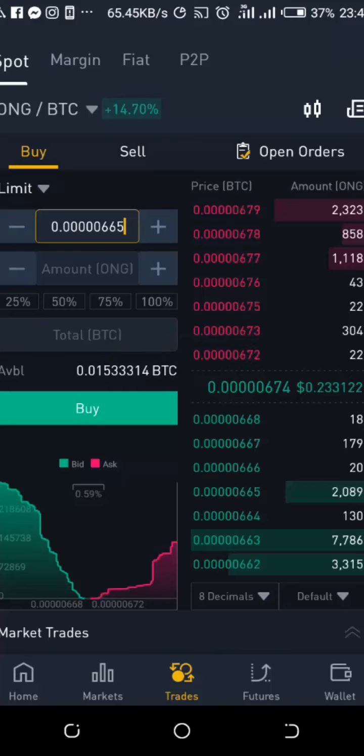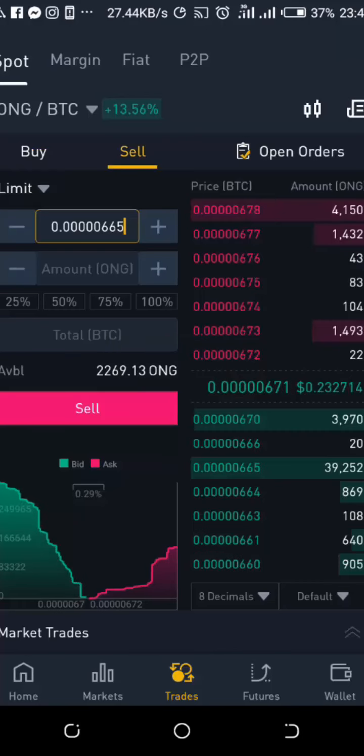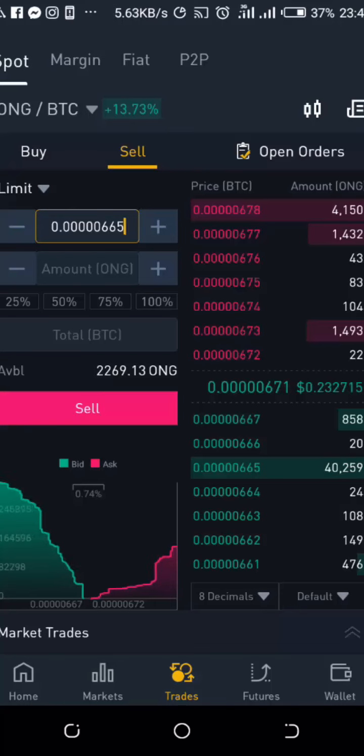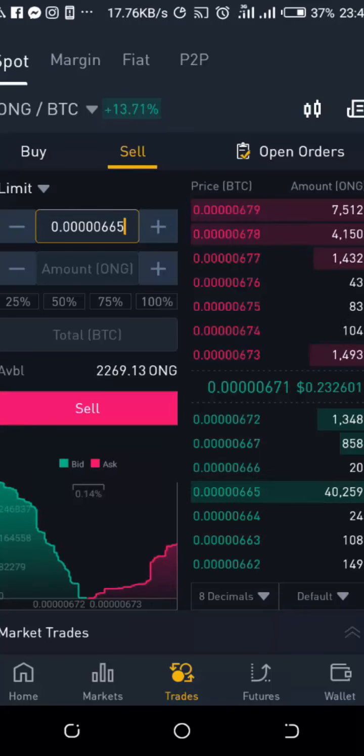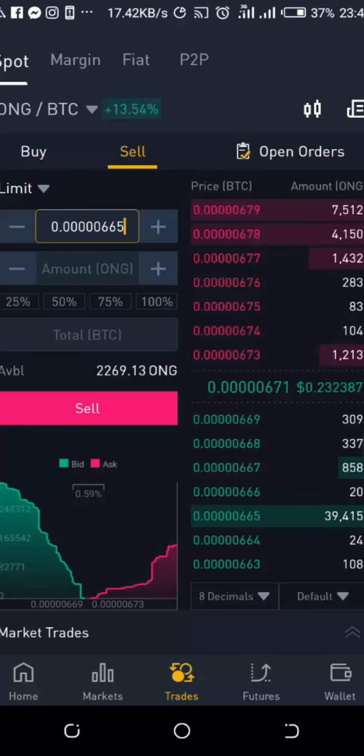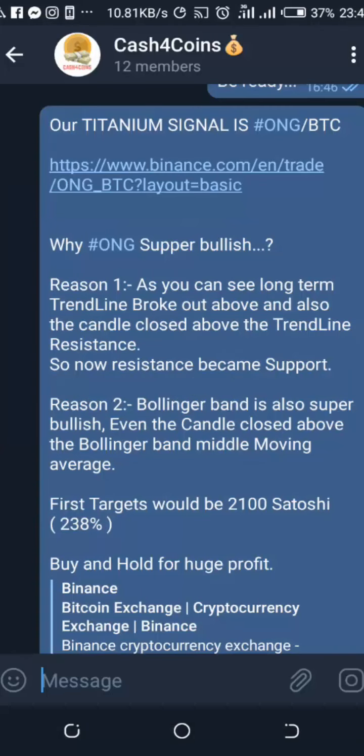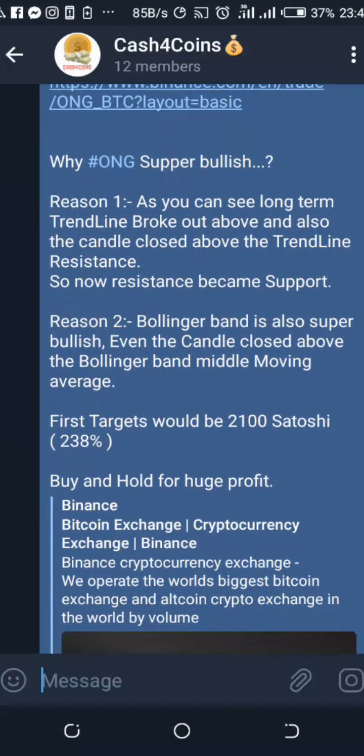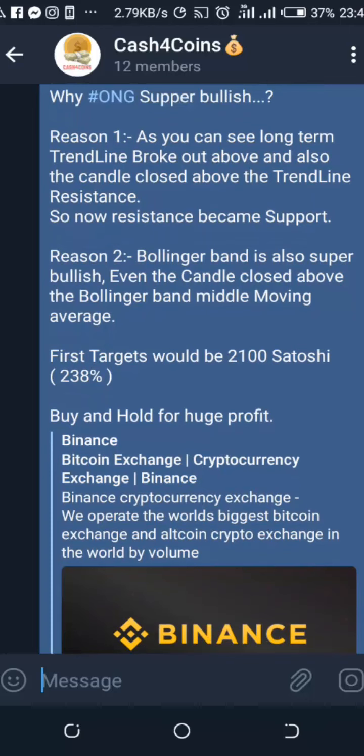If you look at the sell, you already see that since we have bought ONG in the pair of BTC, we have ONG in our wallet. According to our analysis, this particular coin is possible to reach 2,100 Satoshi, right?